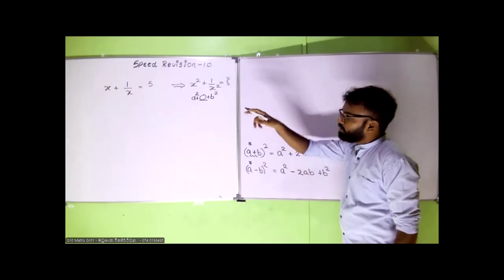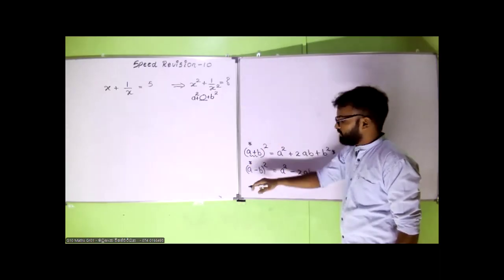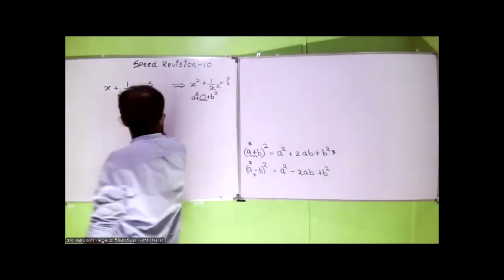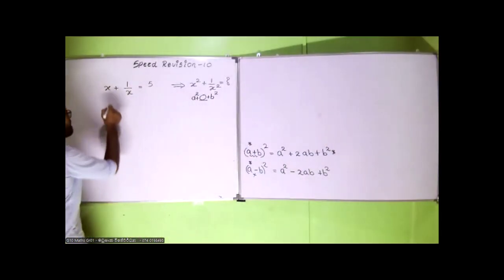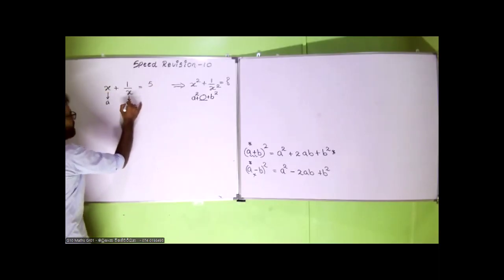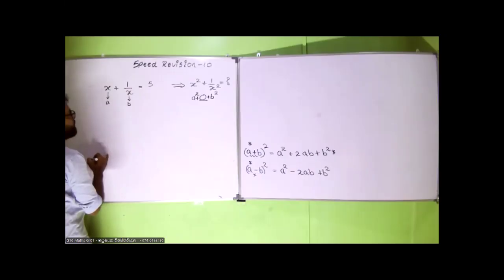There are no negative marks there, so you cannot use the other one. So this is perfectly matching, where this is your term A and this is your term B.